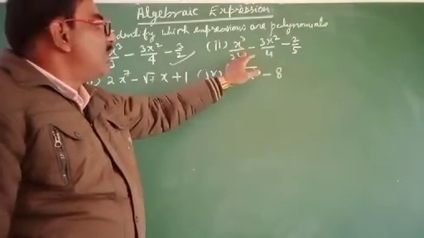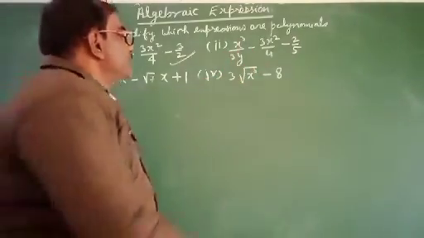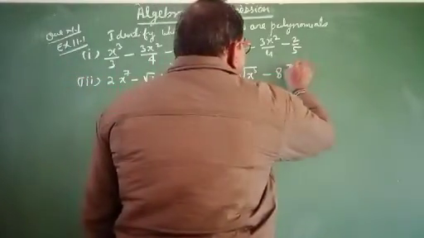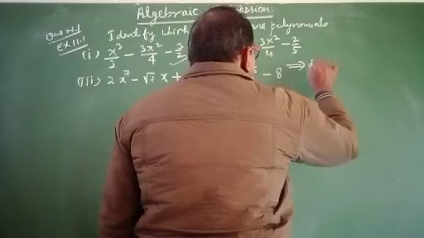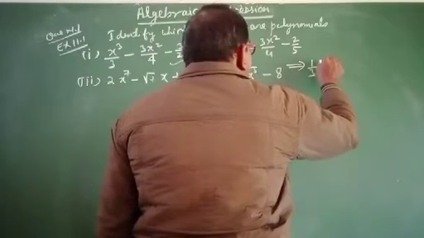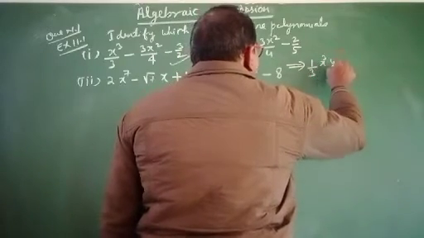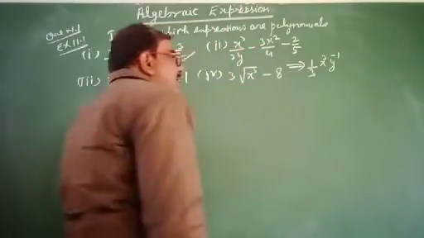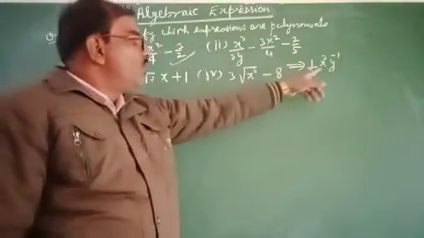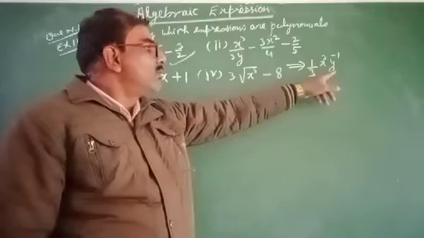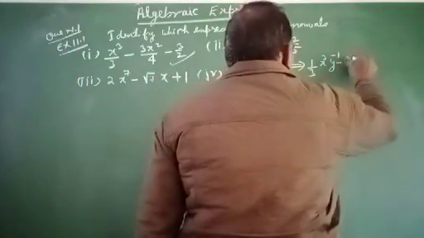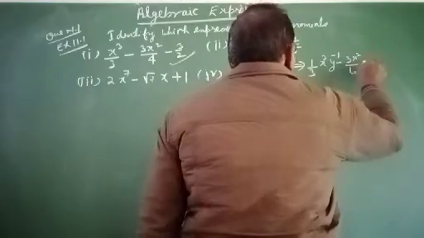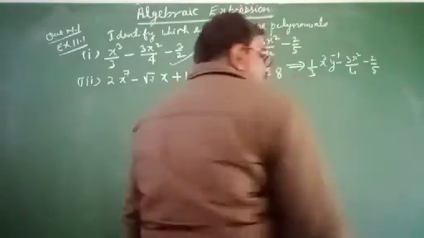If you want to write the power of y, it can be expressed in the form 1 upon 3 x cube y to the power minus 1, by the law of exponents. So the power of y is minus 1, minus 3x square upon 4 minus 2 upon 5.